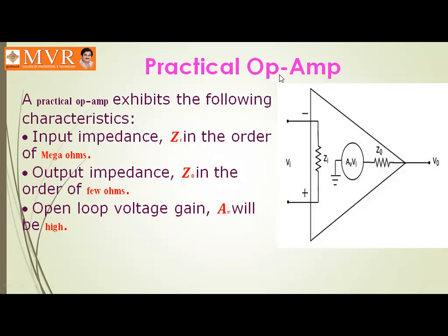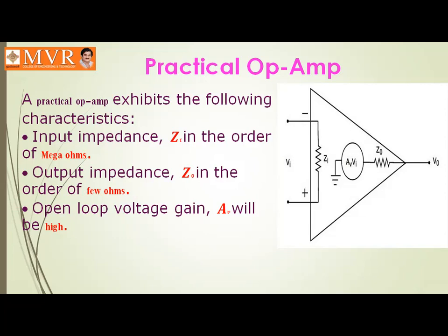So here you can see the equivalent circuit for a practical operational amplifier. Vi is the input voltage which is given to the inverting terminal as well as non-inverting terminal of op-amp. Zi is the input impedance. In case of ideal op-amp, we have discussed that Zi must be infinity. When we are coming to practical op-amp, that Zi must be very, very high.